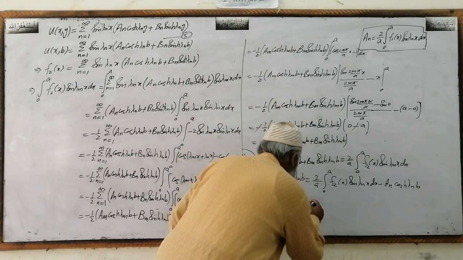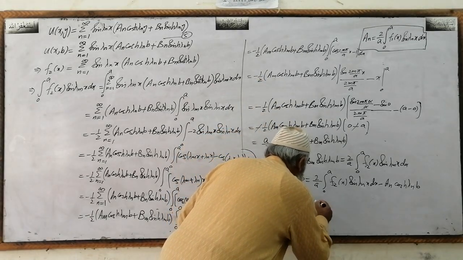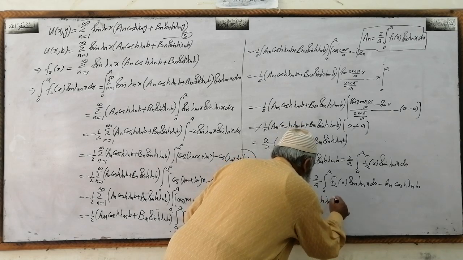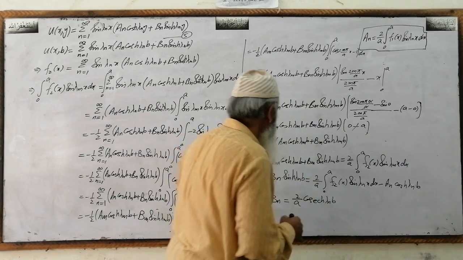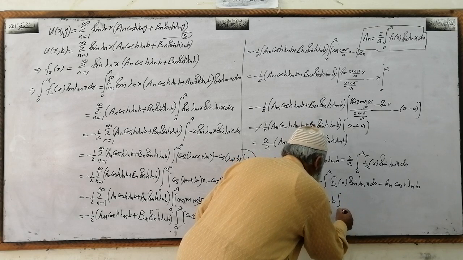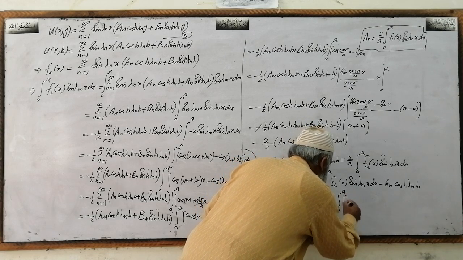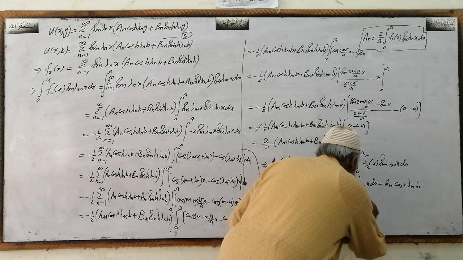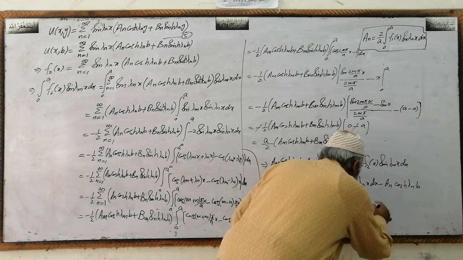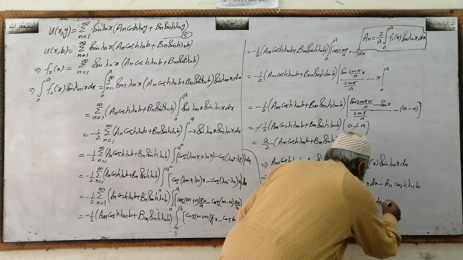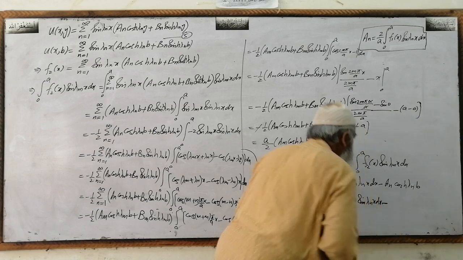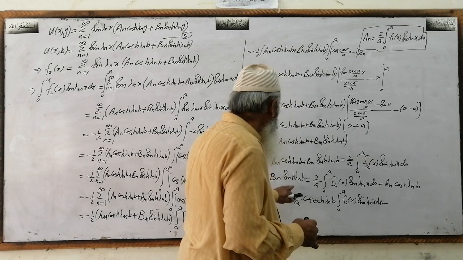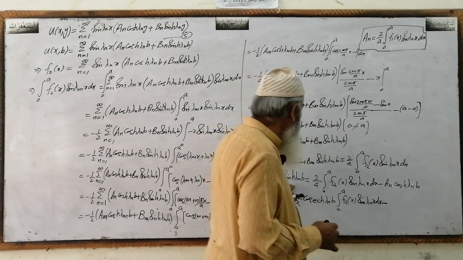Therefore, I am writing here cosecant hyperbolic lambda nb integral 0 to a f2x sin lambda nx dx minus, don't forget the value of an, and don't forget you are taking this on the right hand side.